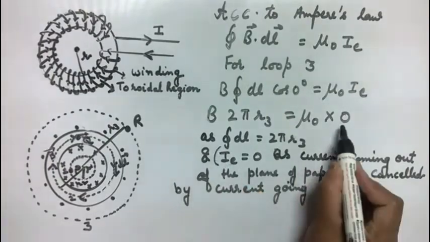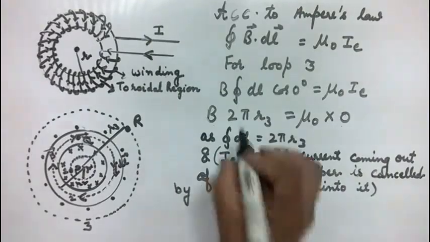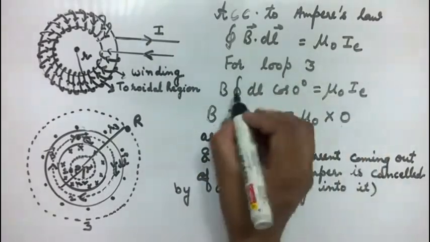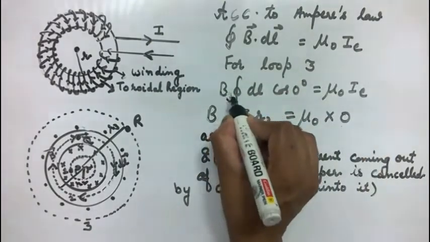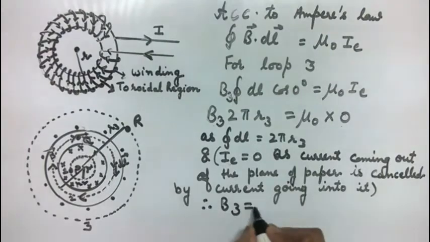Therefore, as the current is 0, the magnetic field is also 0. For loop 3, the magnetic field is B3. Therefore, B3 is also 0.